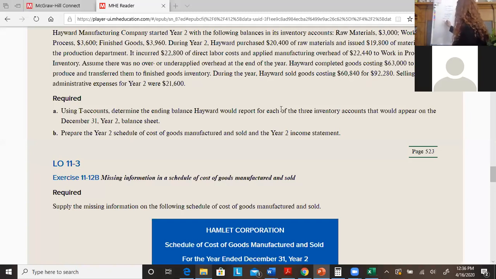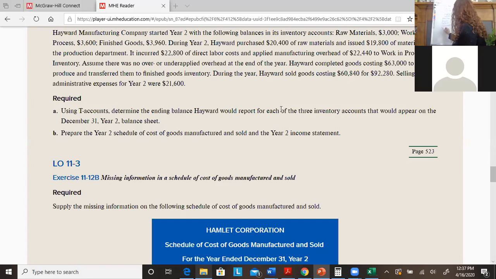So we have beginning work in process, that was given 3,600. And then we're going to subtract out ending. That gives us our cost of goods manufactured. And then finally, finished goods.